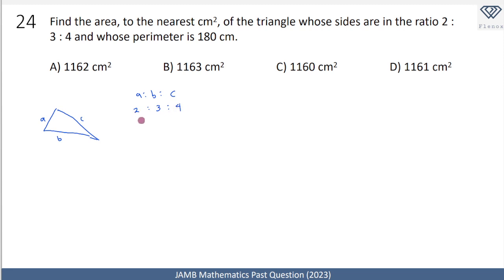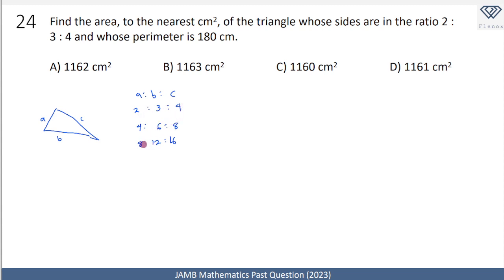What do I mean by that? The lengths of this triangle can either be 2, 3 and 4. If I multiply all through by 2, it can also be 4, 6 and 8, because when you simplify this, it still gives you a ratio of 2, 3, 4. Multiplying by 2 again, it can also be 8, 12, 16, because when you simplify all of this, you still get a ratio of 2, 3 and 4.